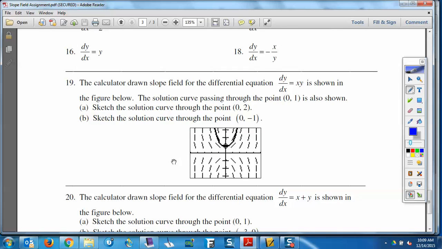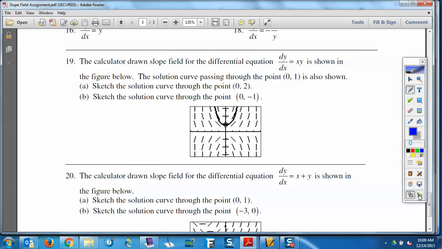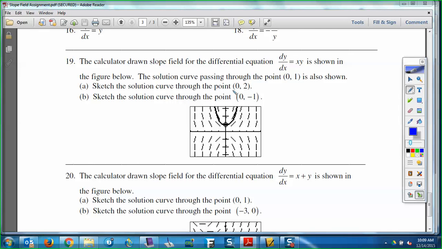Okay. All right. Now, the other part of this was the bottom part was to actually sketch the solution curve. So I told you you'll probably do that. I'll probably ask you some matching on the quiz, and then also give you some initial conditions, have you sketch those. So 0, 2, so you come in here, that'd be up here, and so it would just go up, and then 0, negative 1, so now you follow those slopes, and that would go down like so.